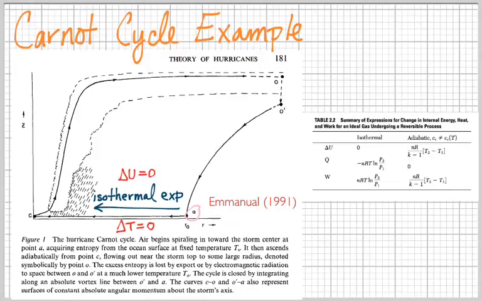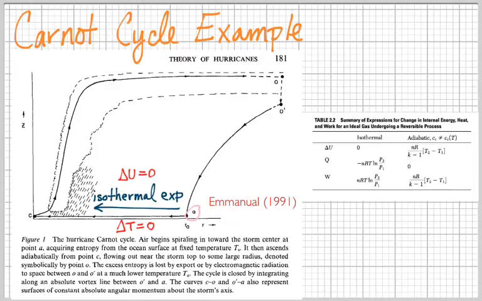And that's isothermally expanding along the Earth's surface, moving into the inner eye of the storm. When I have an isothermal process in a Carnot cycle, and let's assume this is behaving like an ideal gas because we're at atmospheric pressures and relatively reasonably low temperatures, there is no temperature change across that expansion, and because there's no temperature change, there is no internal energy change of that gas, of that fluid.